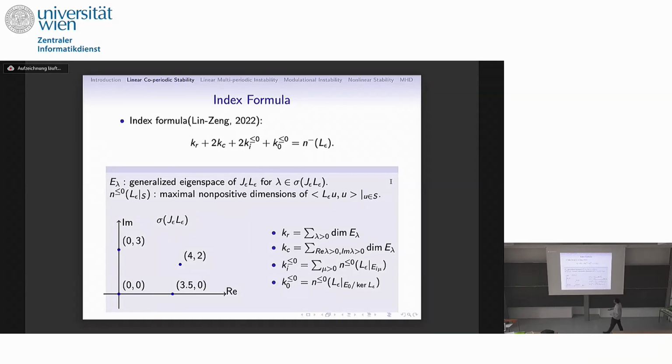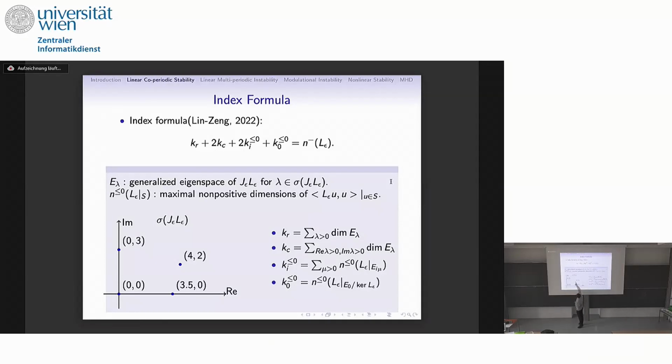One is KR, which counts the number of eigenvalues on the positive real axis. Here we only look at the eigenvalues in the first quadrant, because for this Hamiltonian system the spectrum is symmetric with respect to both the real and imaginary axes. So KR counts the total number of eigenvalues, including algebraic multiplicities, on the positive real axis.